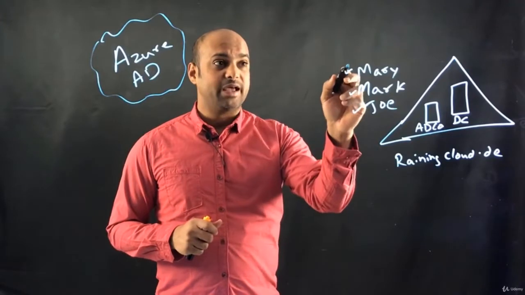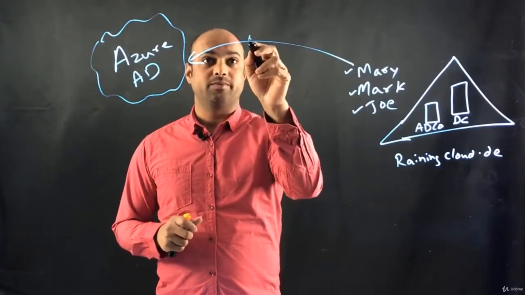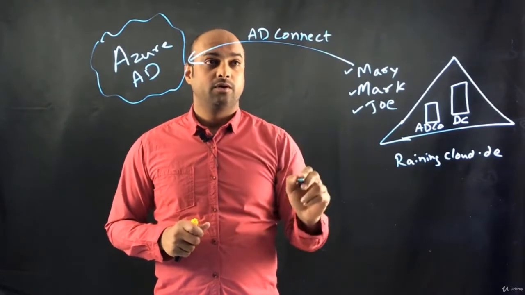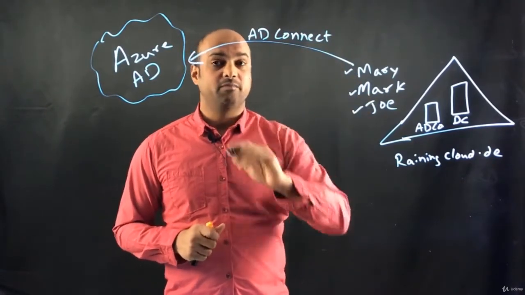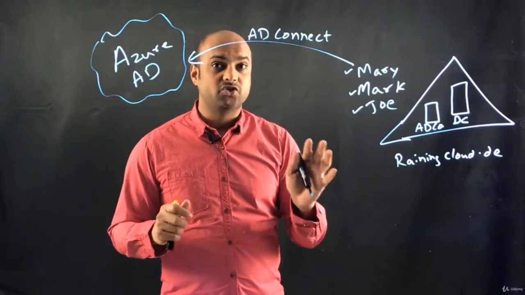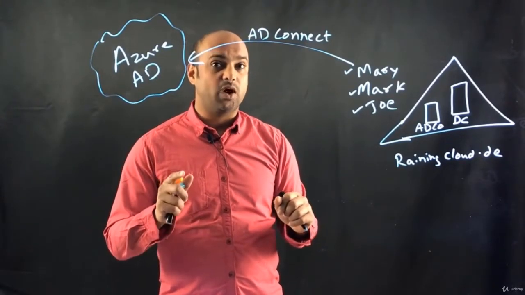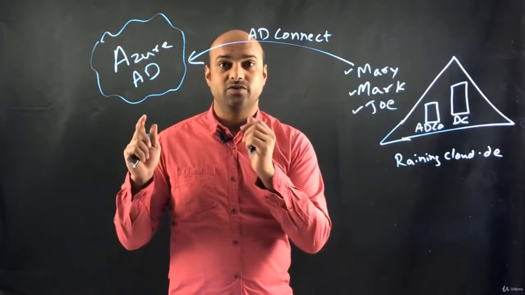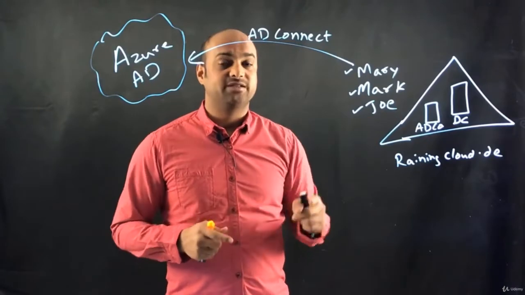So once everything is set up, you will be able to do a synchronization between the identities. Remember that this synchronization is not two-way synchronization, it's just one way. So when users are created on your premise, they get synchronized to Azure AD and not vice versa.